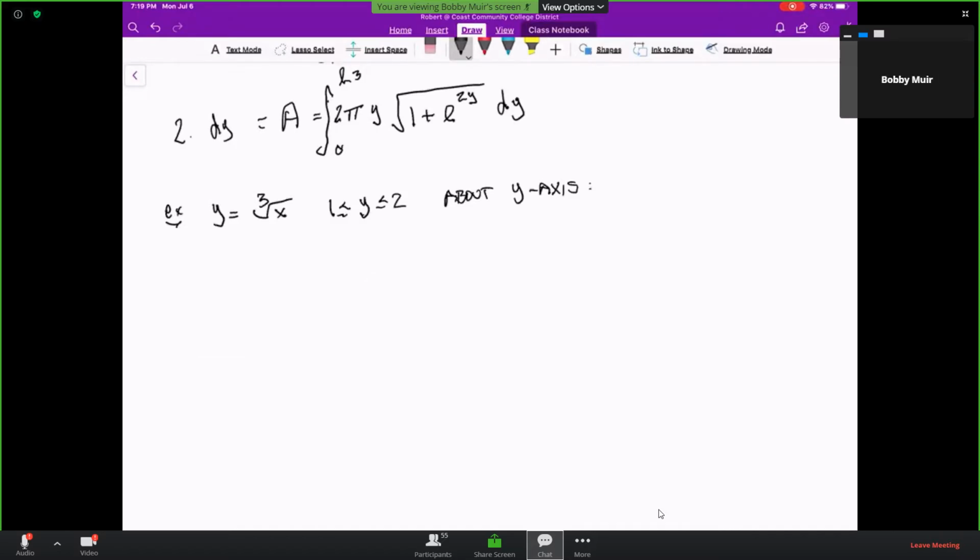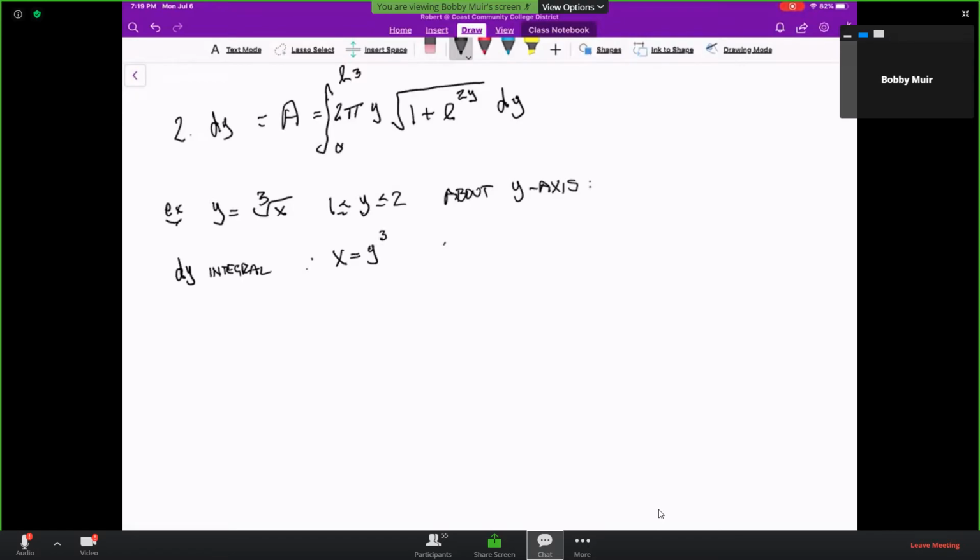So if I want to do a dy integral, we would have to then say x is equal to y cubed.